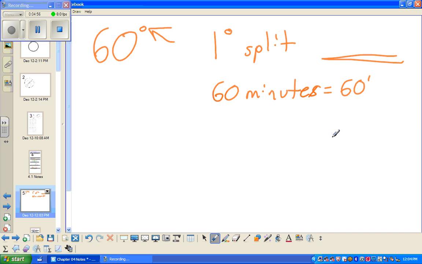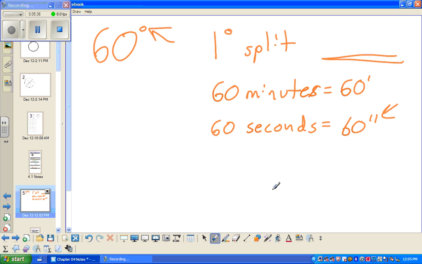And then each one of those minutes can be split up into 60 seconds, and those two tick marks represent seconds. So in the DMS system for angular measure, each degree is subdivided into 60 minutes, and each minute is subdivided into 60 seconds.